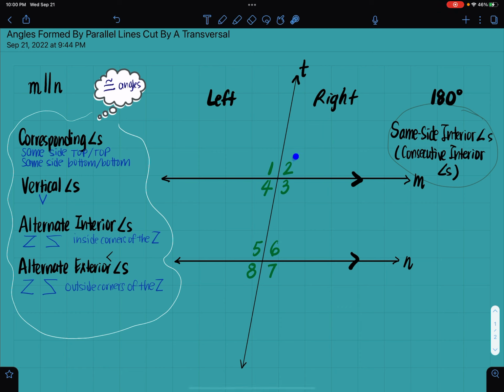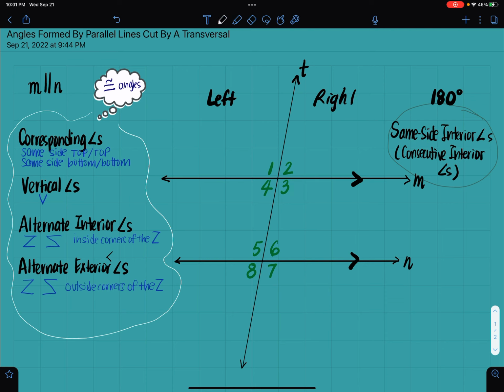So if I'm on the right side, that's the same side, and interior means in between the two parallel lines. So on the right side, in between the two parallel lines, what are the two numbers? Well, we have 3 and we have 6. So angle 3 and angle 6, notice they also sit on a straight line, so they're supplementary. So they add up to 180.